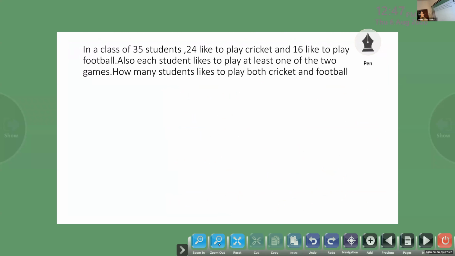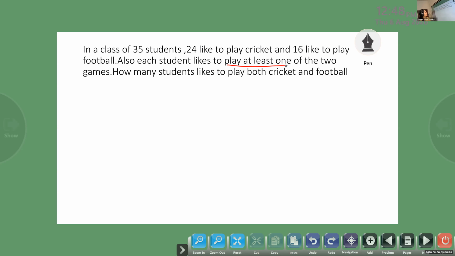In a class of 35 students, 24 like to play cricket, 16 like to play football. Also, each student likes to play at least one of the 2 games.